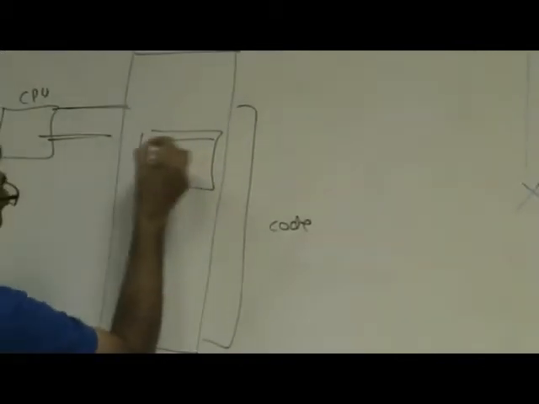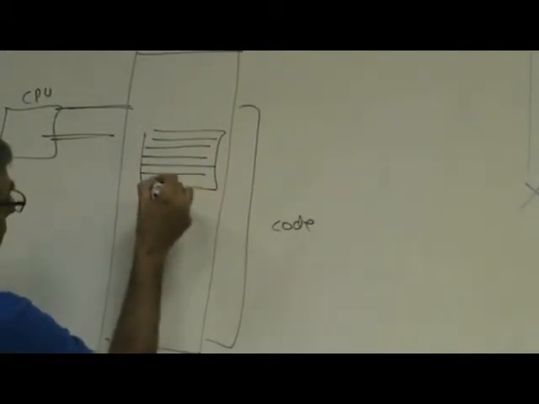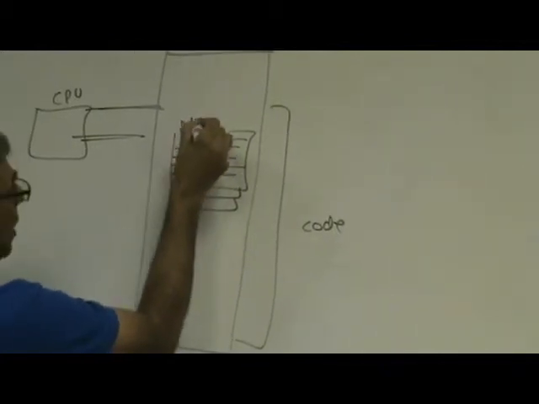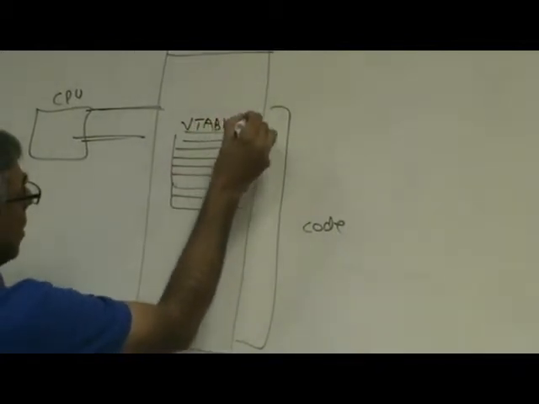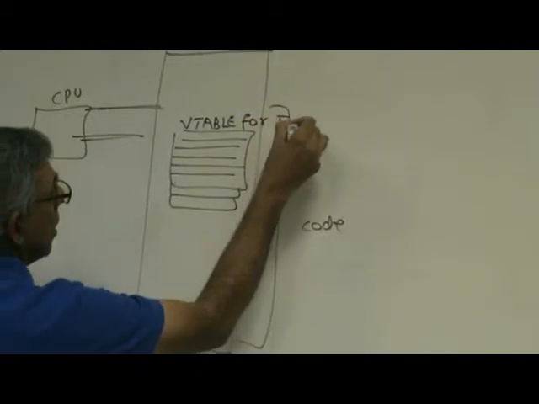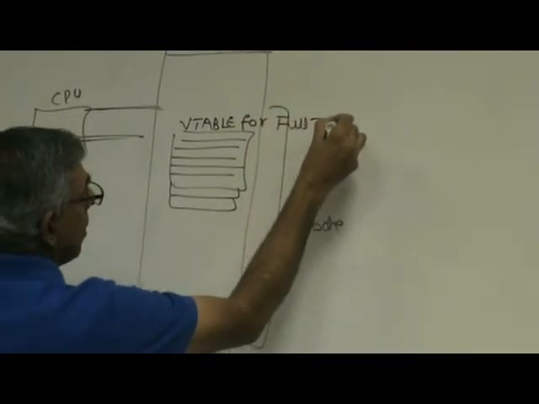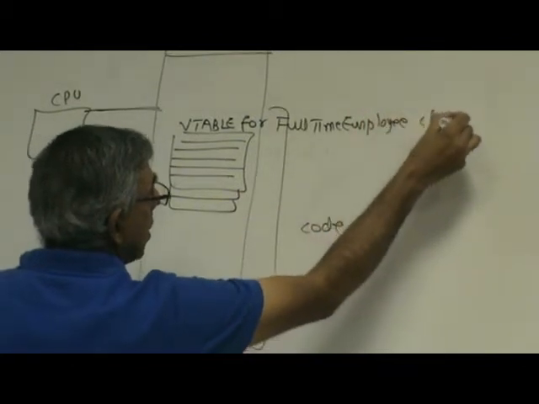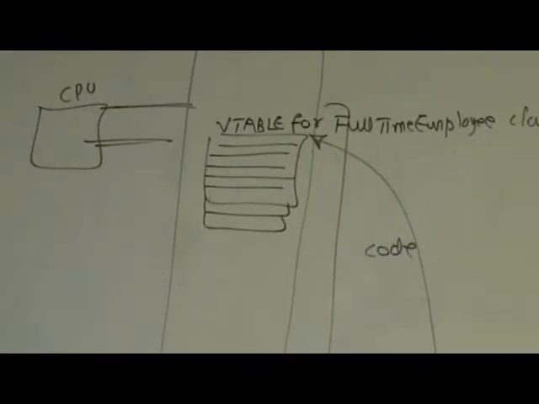So this will take us to the code area. In the code area, 1, 2, 3, 4, 5, 6, 7, 8. So this will be the vtable for the FullTimeEmployee class, correct? This will be pointing to over here.